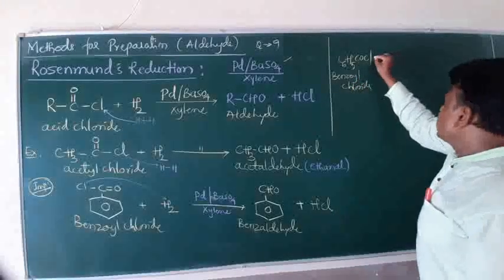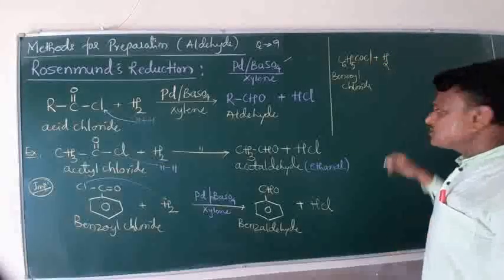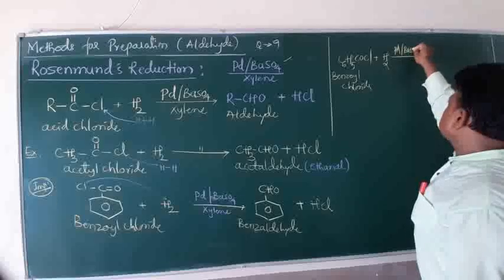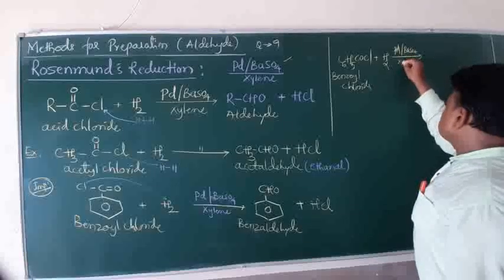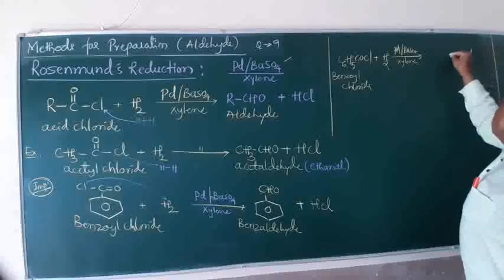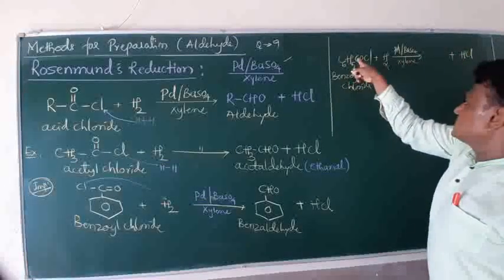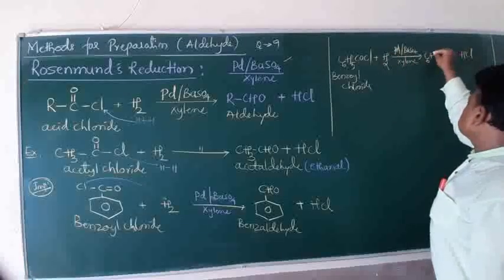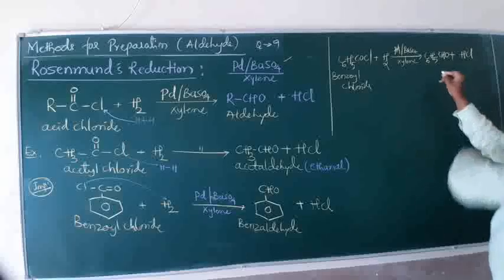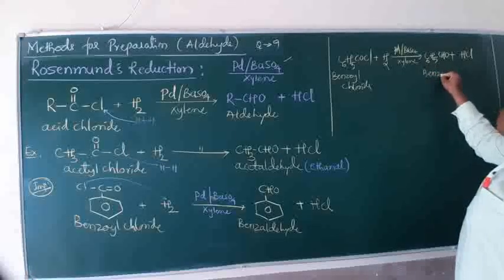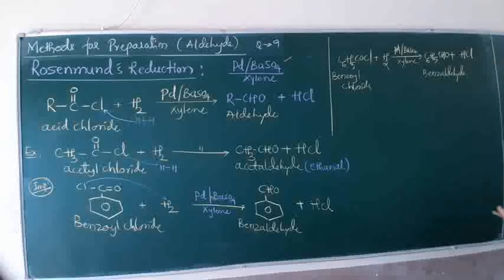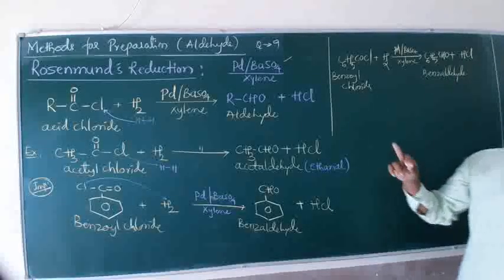Benzoyl chloride undergoes reduction with the same palladium in the presence of barium sulfate with xylene to release the product HCl, as we already know, and what remains is C6H5CO and 1 H. This is C6H5CHO. The name of this compound is benzaldehyde. It's a very important reaction of this chapter, Rosenmund's reduction reaction.